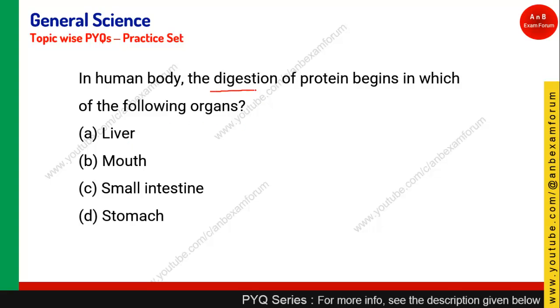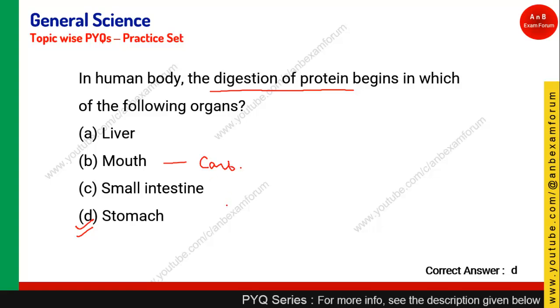The main digestion of protein begins in the stomach itself. The stomach is the organ where digestion of protein starts. And the digestion of carbohydrate begins in the mouth.